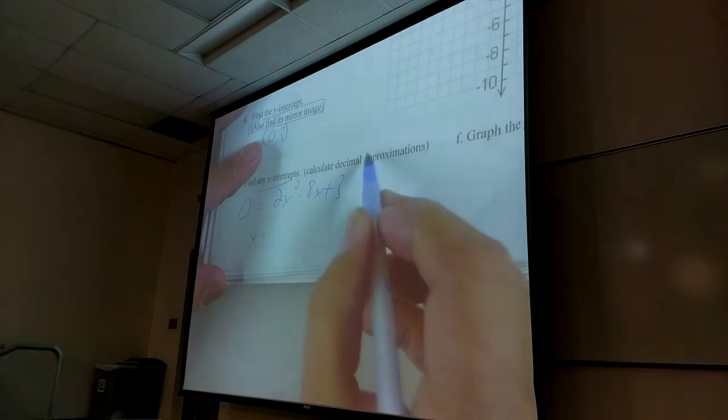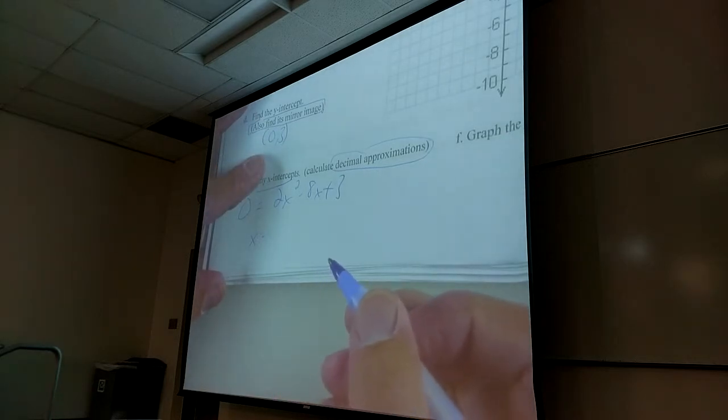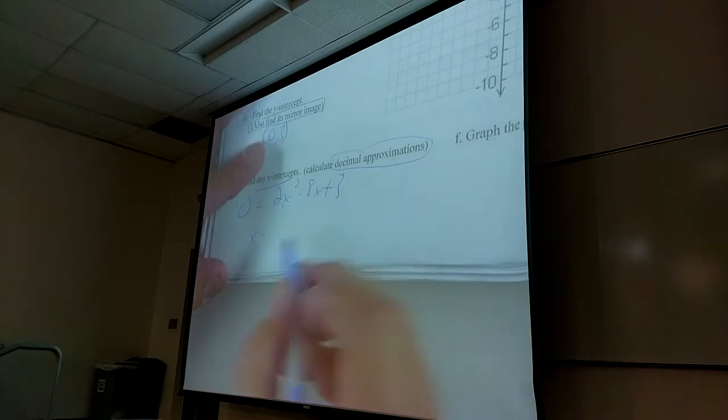Make sure you can get the decimal approximations. Don't have a calculator with you. You're not going to be able to do that too often.